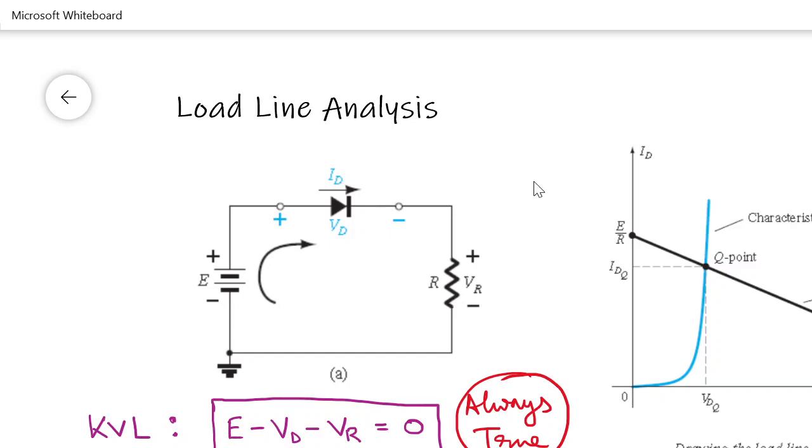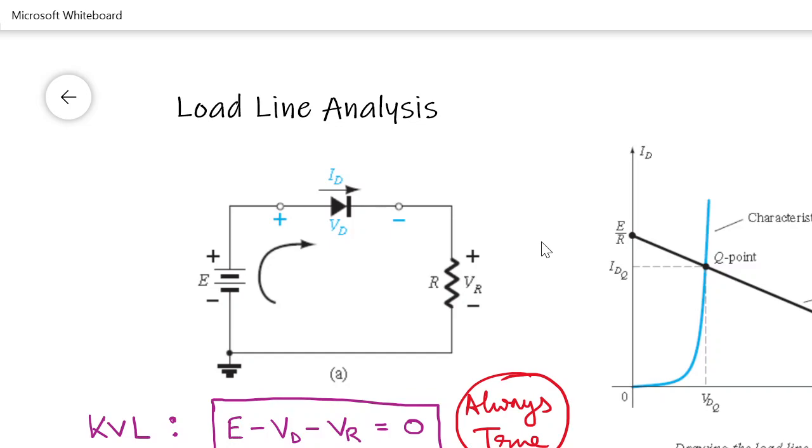Then you are solving the circuit. Here we are trying to solve the circuit by something called the load line analysis, which is a typical type of analysis for non-linear devices present in a circuit.